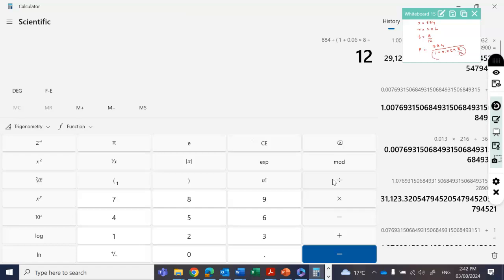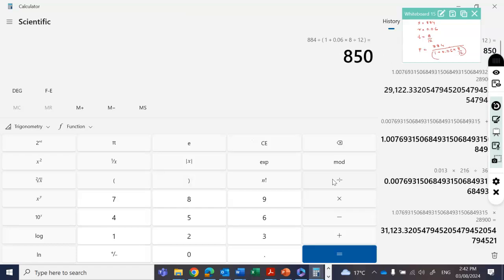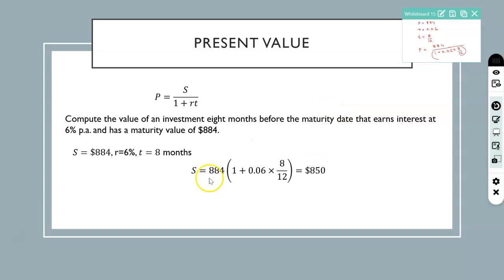So I wrote the complete denominator inside a bracket, and then if you calculate, you will get the correct value. So you can see that you will get the same value as what you got in the calculator.